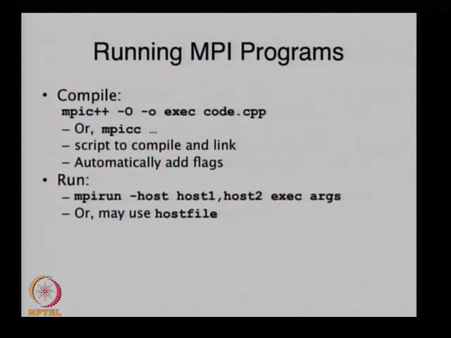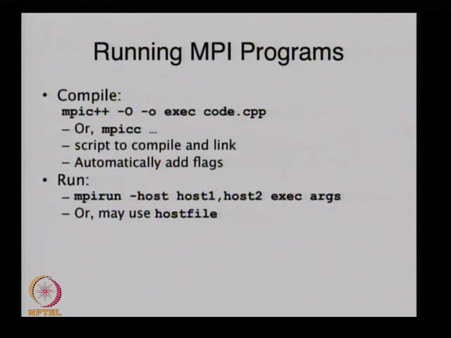Yes. It takes arguments, right? For example, in this example, it says dash host, name 1, name 2. It says run this program on 2 hosts, host 1 and host 2. Okay. In this case, you're not even running on the local machine necessarily. Host 1 may be some other machine, host 2 may be some third machine, and you just say run this program on those 2 machines.